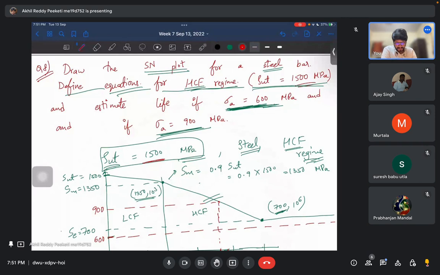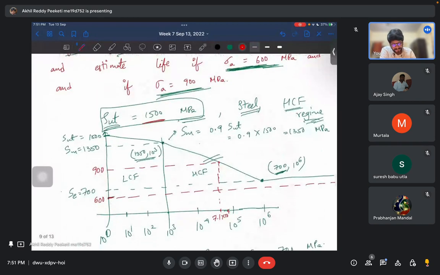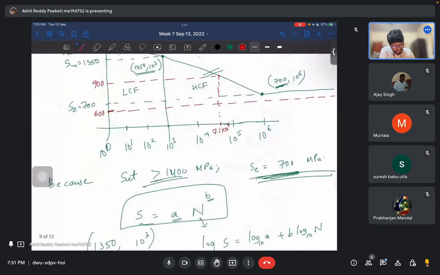Okay. So this is because researchers have already done all this data. The 0.9 SUT, the 0.5 SUT, all these equations were developed after years of research.